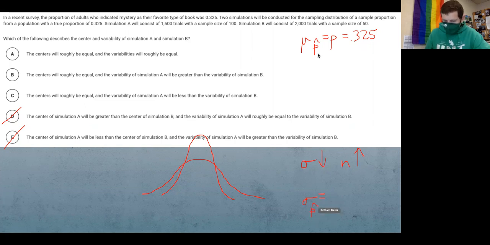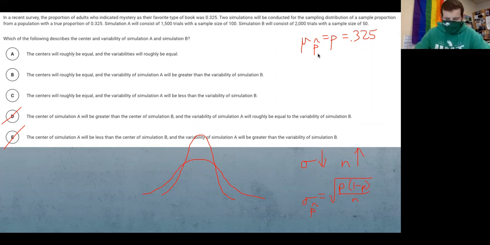So that is this right here, P times 1 minus P divided by N. Notice that N is in the denominator. So that means it's inversely related. So as N gets bigger, your standard deviation will get smaller and smaller. Not by a great deal necessarily, but it will get smaller.